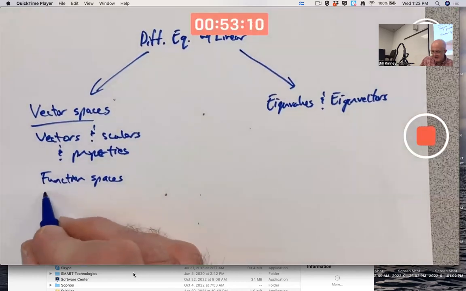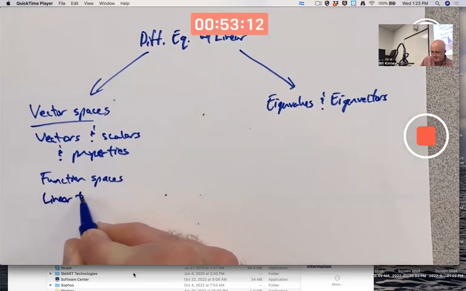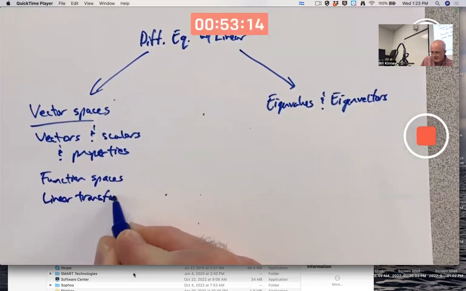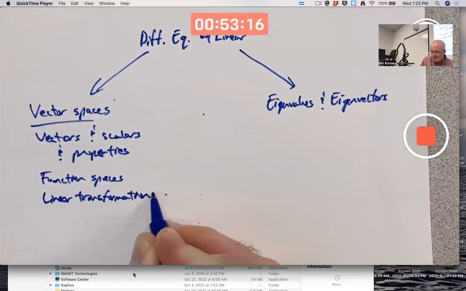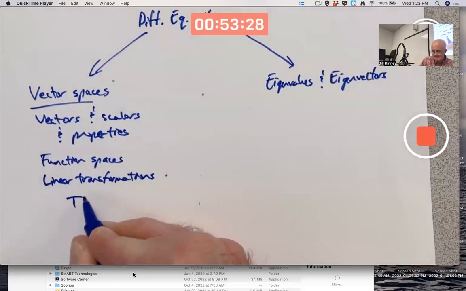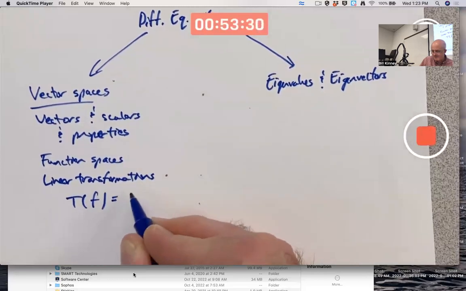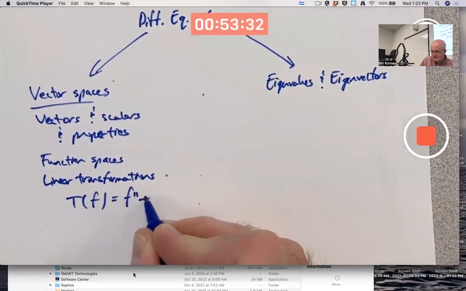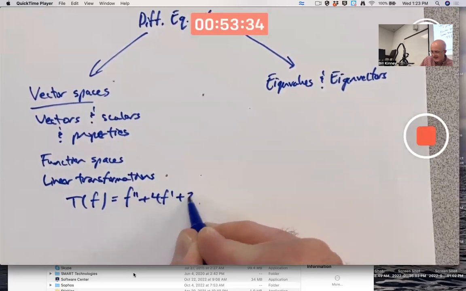You got linear transformations. You've got the ordinary ones that are defined by matrices. But now we've got new kinds of linear transformations. This even showed up a little bit on exam 2. Like T of f is f double prime plus 4f prime plus 29.